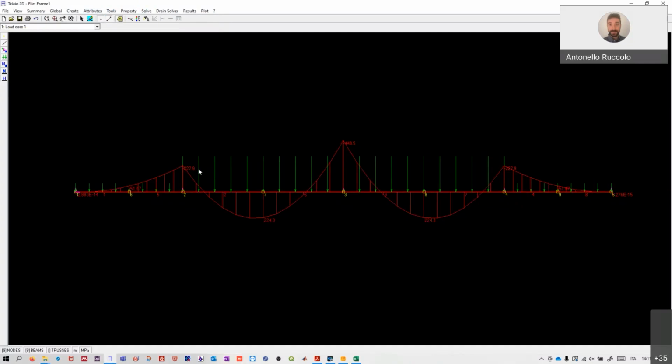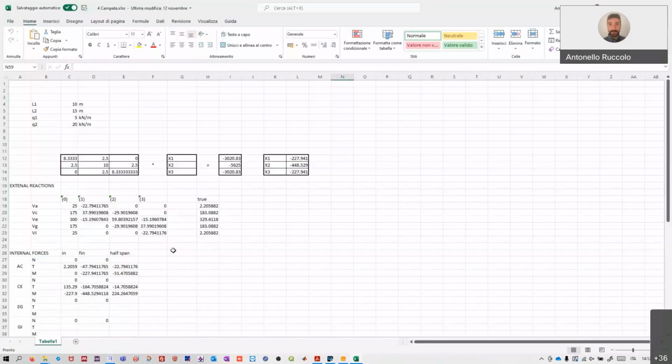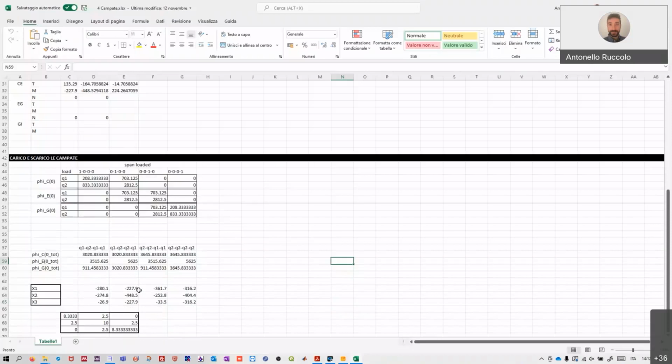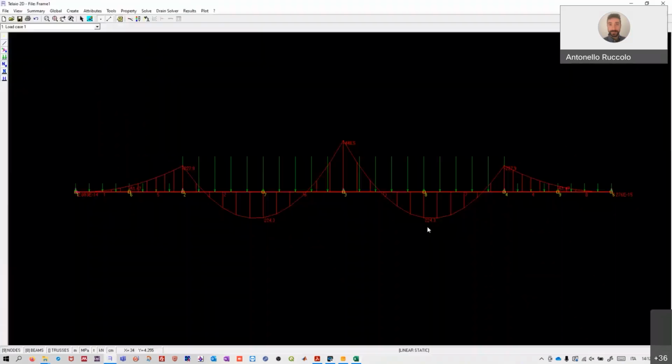Okay, now we can resume the unknowns. So it was 227.9 as negative moments and 444.8.5 was this one. And the maximum bending moment associated in the central spans were 224 in these two beams.